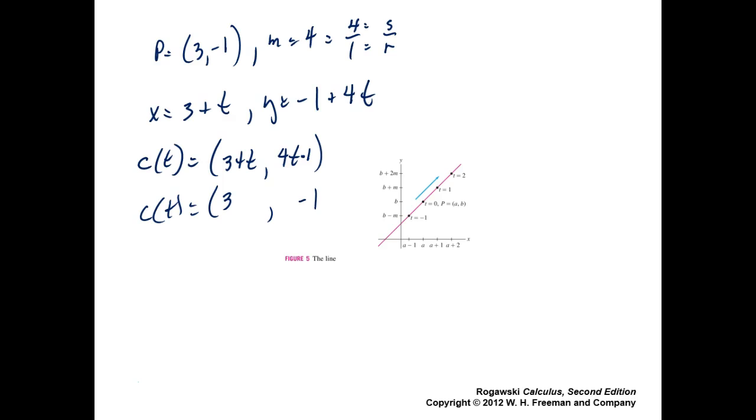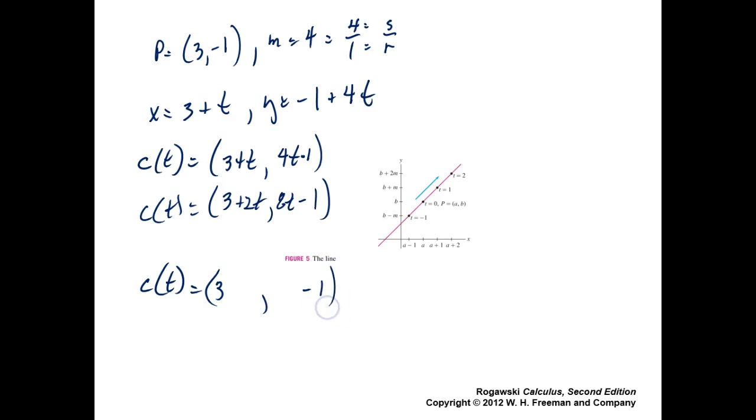So give me something else other than 1 and 4. 8 and 2. So this would be plus 2T, and that would be 8T. That will work, right?